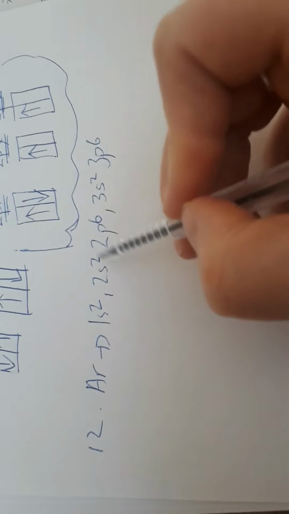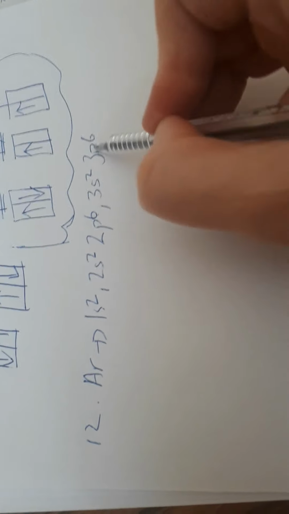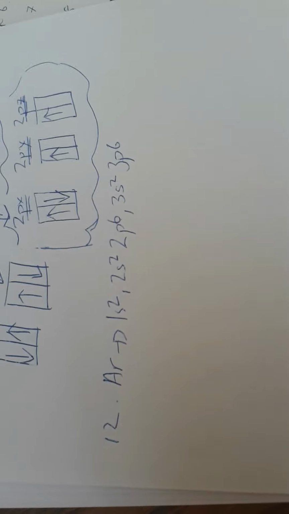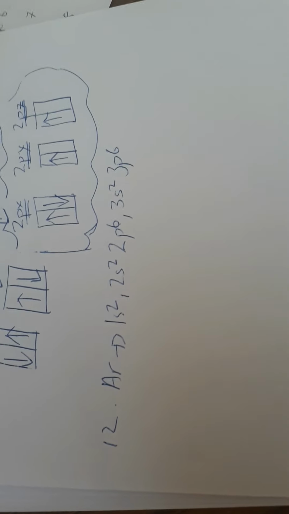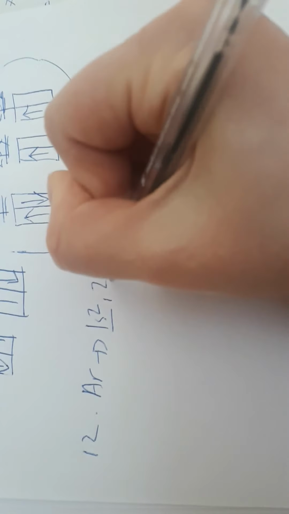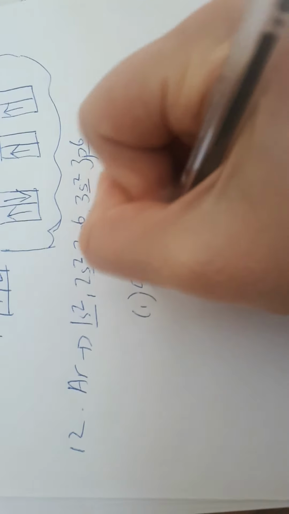So I have 1s2, 2s2, 2p6, 3s2 and 3p6. That's 2, 4, 10, 12, 18. And what you're asked for here is the number of sublevels. So these are my sublevels: 1, 2, 3, 4, 5. So I have 5 sublevels.